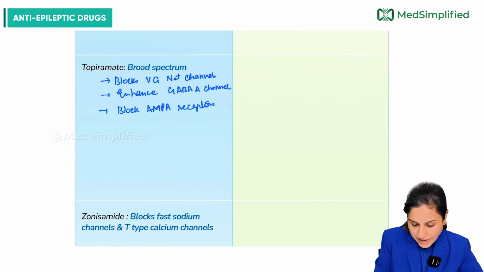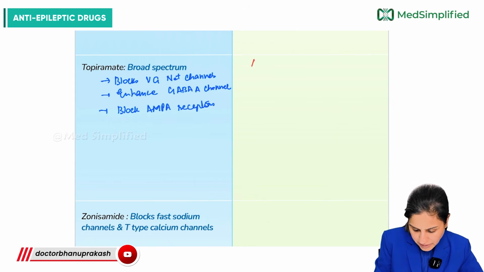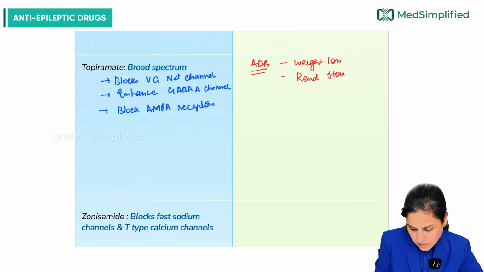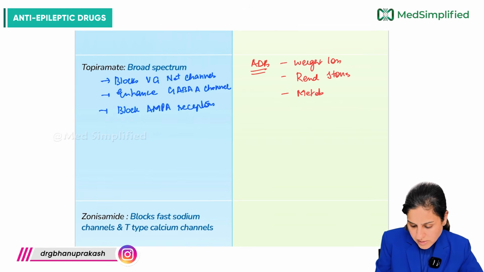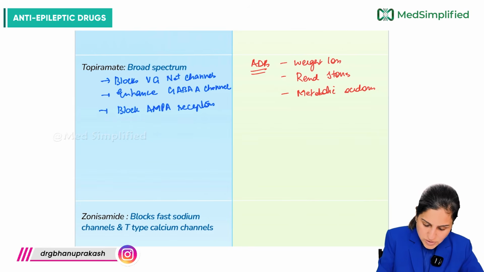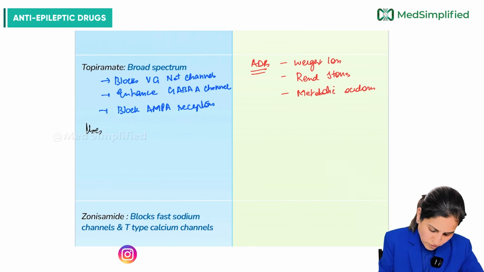So what are the adverse effects seen with topiramate? It will cause weight loss, it can cause renal stones, and it can cause metabolic acidosis.